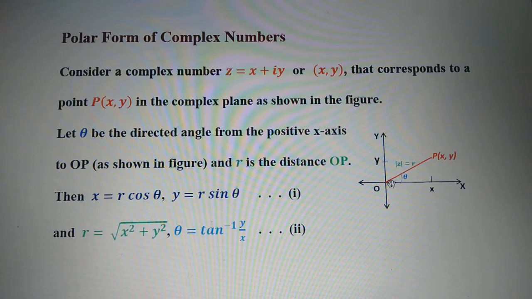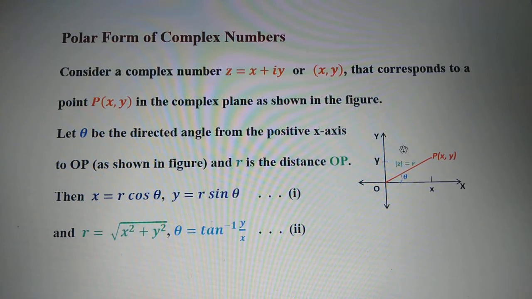And suppose this line makes an angle theta. So this line OP makes an angle theta with the positive x-axis.